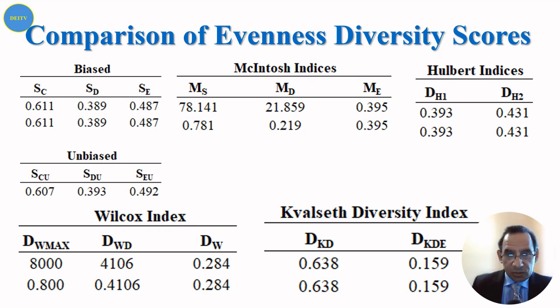And lastly, it's also smaller than the 2.84 diversity score obtained by the Wilcox index. So in general, the Kvalseth index produces smaller evenness or standardized scores when compared to the Simpson, Wilcox, McIntosh, Holbert indices, and some of the other indices that will be discussed in future episodes.